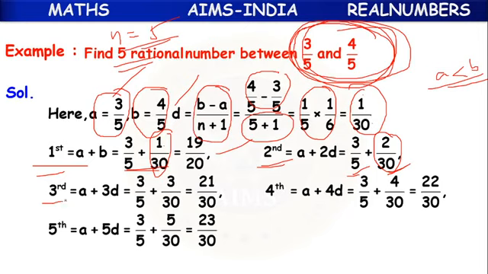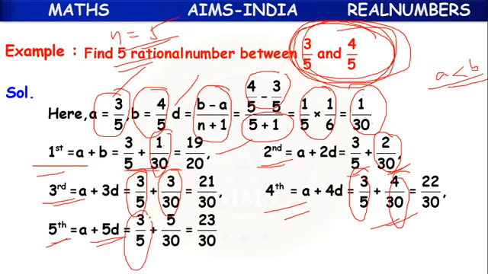Okay. For the third rational number, A will be the same. 3D we have to add. So 3 into 1 by 30, 3 by 30. For the fourth rational number, A will be the same. 4D, 4 into 1 by 30, we have to add. For the fifth one, A plus 5D. A will be the same. 5 into 1 by 30, 5 by 30 we can add. Like this.